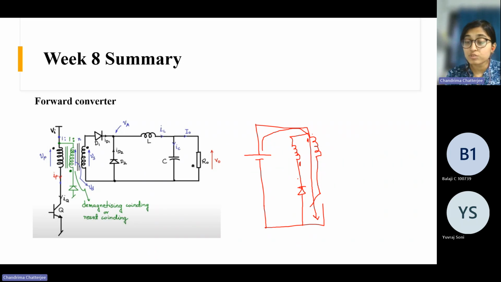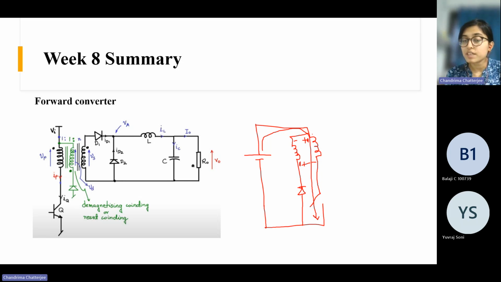But current can't go through here because, if suppose this is plus and this is minus, what would be the relative polarity here? It would be plus, it would be minus, right? Like this. But when you turn off this switch, the polarity reverses because you are interrupting the current through this winding.